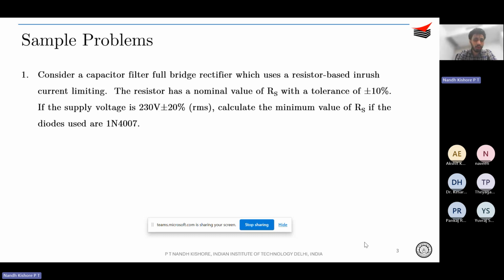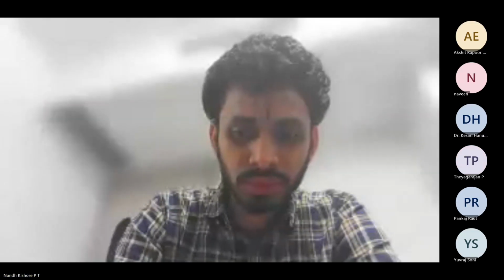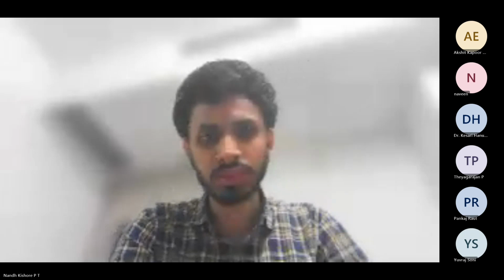Okay, so 1N4007 is a commercial diode. So calculate the minimum value of Rs is the question.